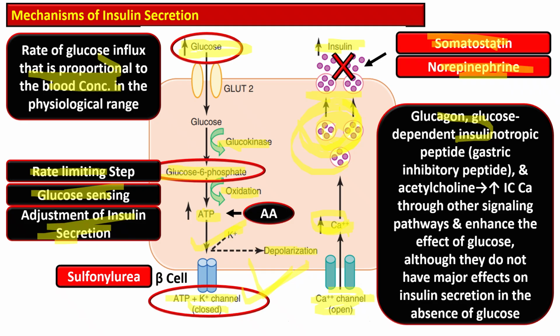This increase in ATP will result in depolarization and opening of the calcium channel. And then calcium influx is there, and insulin vesicles secrete the insulin by the process of exocytosis, and this process is modulated by nutrients, hormones and drugs.